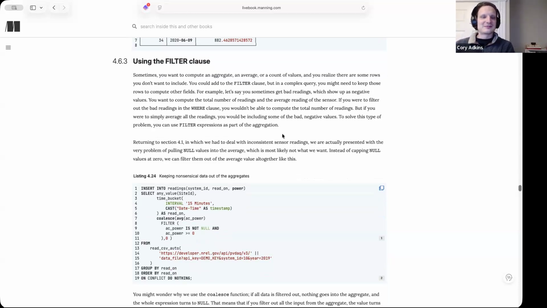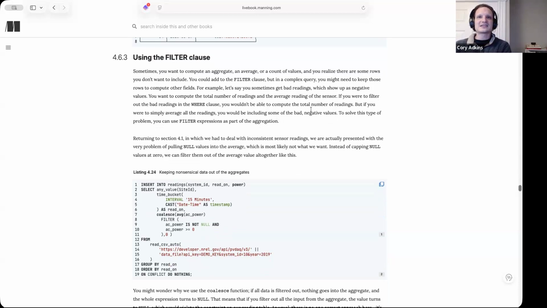Let's see, I'm trying to think how to describe it. Maybe this is just the best explanation. There are values that you don't want to include in a specific calculation, but you want to include that row in general, or that value in general, in the data set.